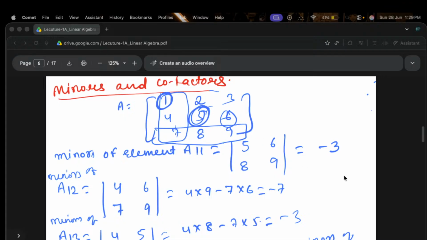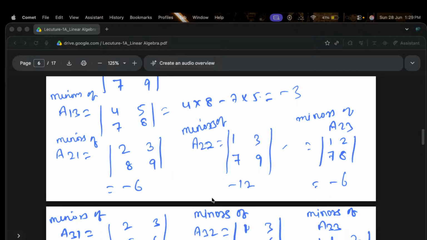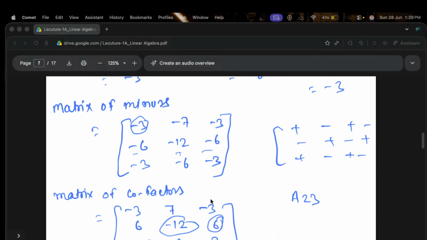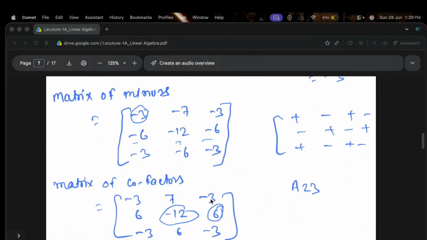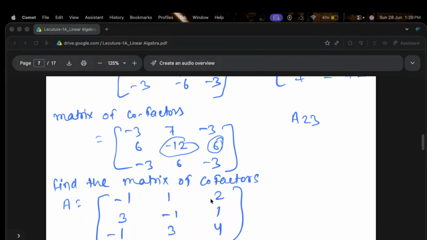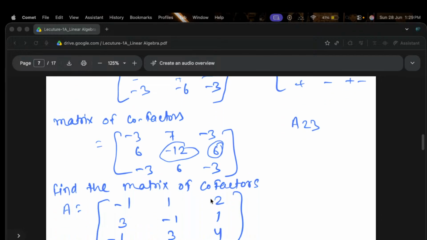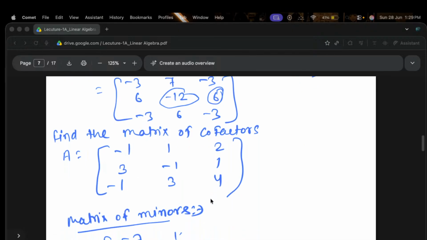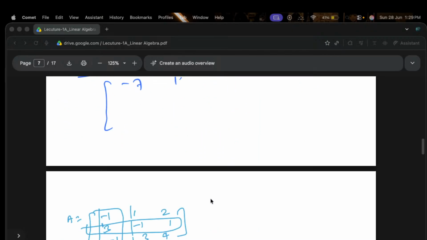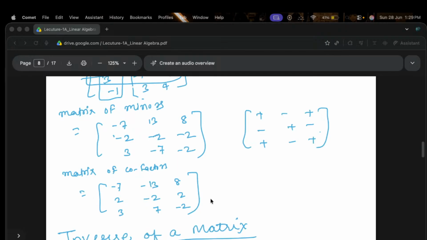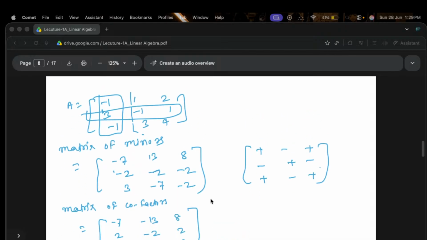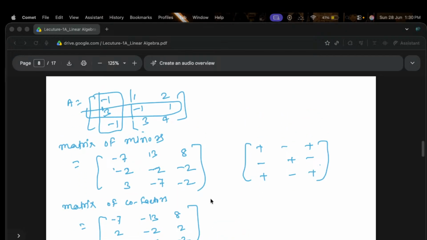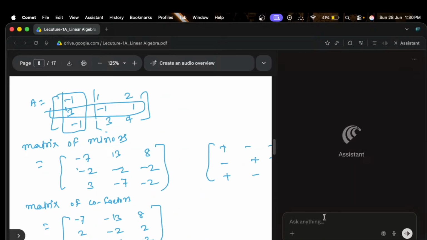Okay, cross multiplication of this. Okay, I got the minor. What are cofactors? Find the matrix of cofactors. Okay, let me just ask. Minor is pretty clear. What are cofactors?